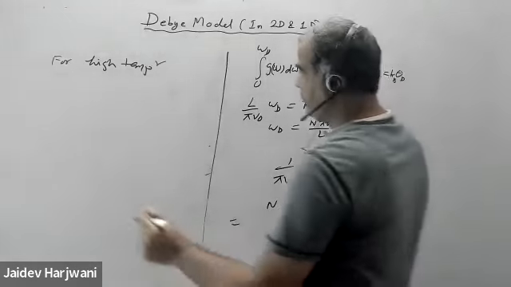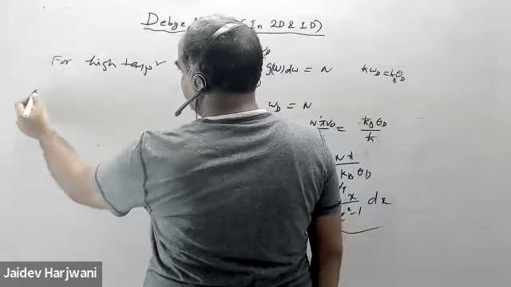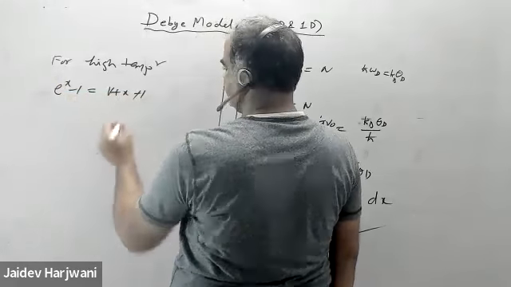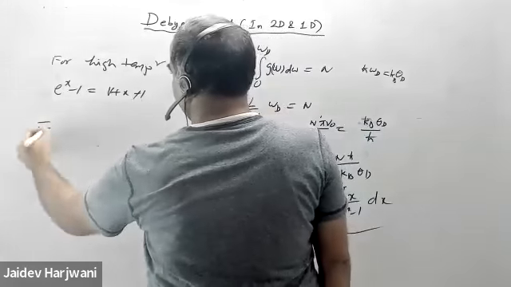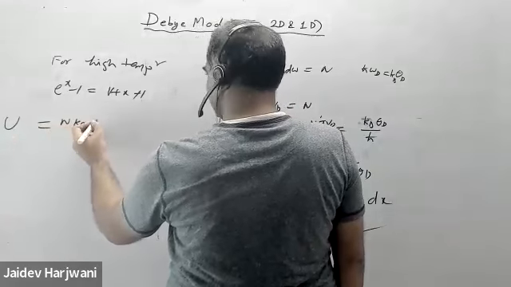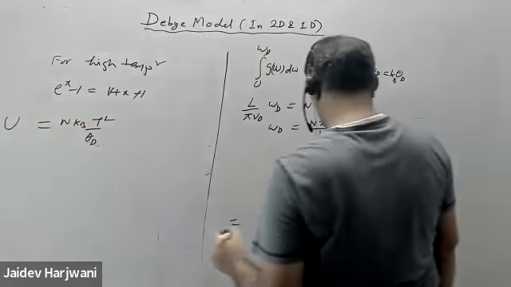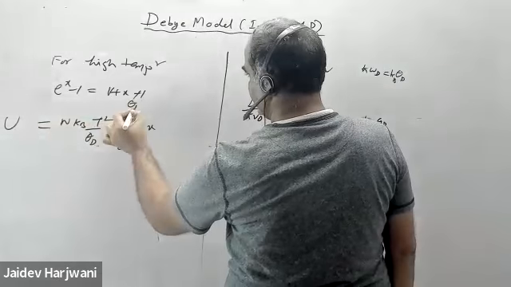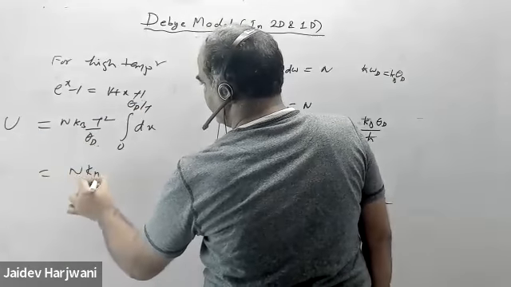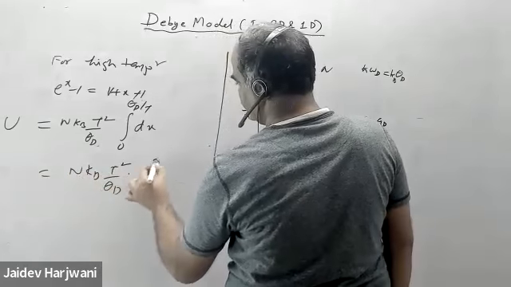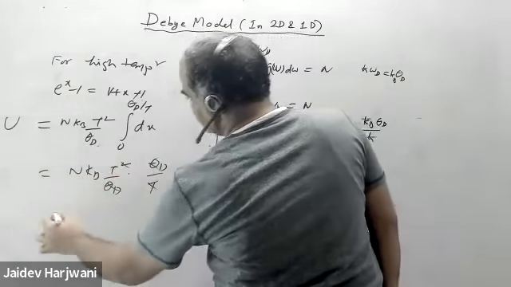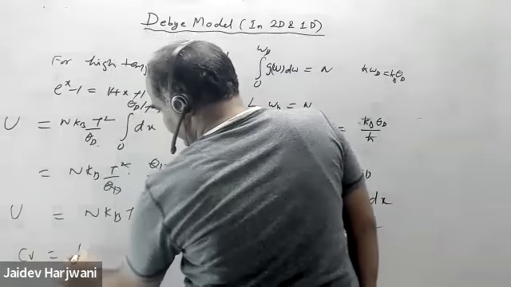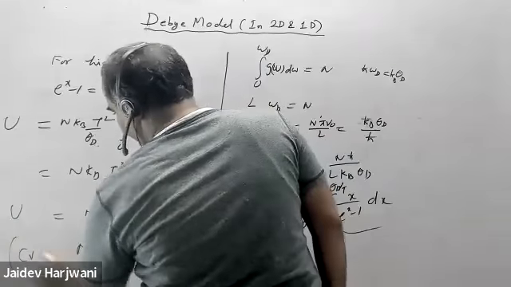If you solve this first for high temperature, we can simply write e^x minus 1 equal to 1 plus x minus 1, which is x. So this becomes U equals n k_B T square upon theta_D times the integral of dx from 0 to theta_D upon T. So n k_B T square upon theta_D times theta_D by T, T cancels, and this gives you n k_B T. And for Cv, this is simply n k_B, that is equal to R. That is for high temperature.